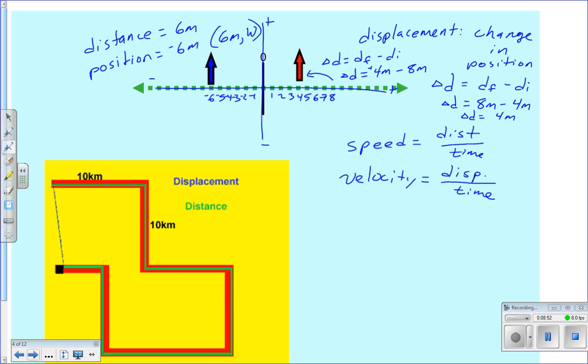Technically positive. I get a little lazy and don't write the positives in. So the displacement then is going to be negative 4 meters. Its change in position was negative 4 meters. It went back toward the reference point. Okay? So, same thing could happen with this blue arrow over here. If we move it this way and make it more negative, then it's going to have a negative displacement.